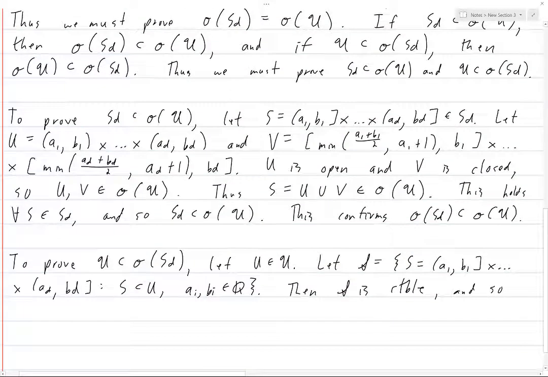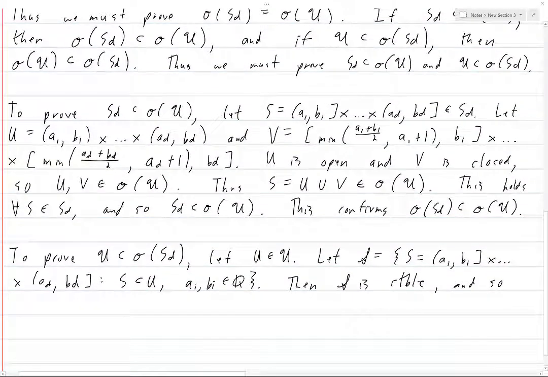So since script S is countable, S is a countable subset of SD.